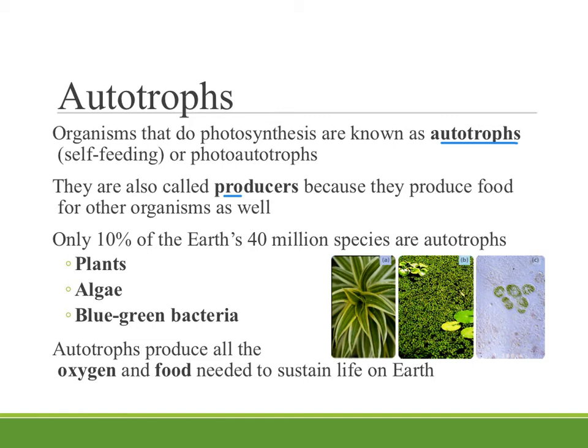Our autotrophs include plants on land, which I think most of you are very familiar with, but in the water we have algae doing photosynthesis, and a particular type of bacteria known as blue-green bacteria is another major autotroph. So between these three types of autotrophs, even though they make up only 10% of all the species, they are producing the oxygen that we have in our air and all of the food that we're going to need to sustain the many different species here on Earth.